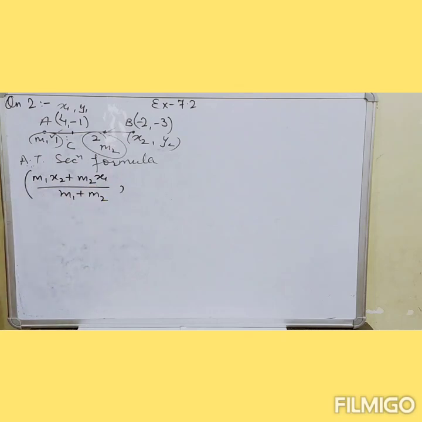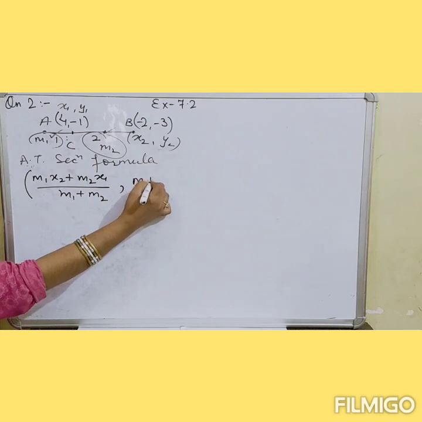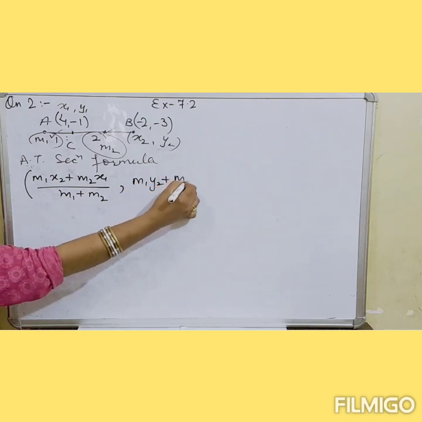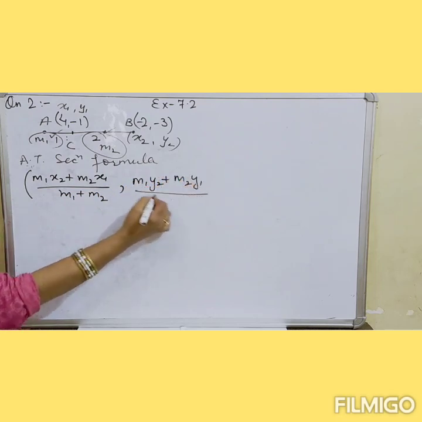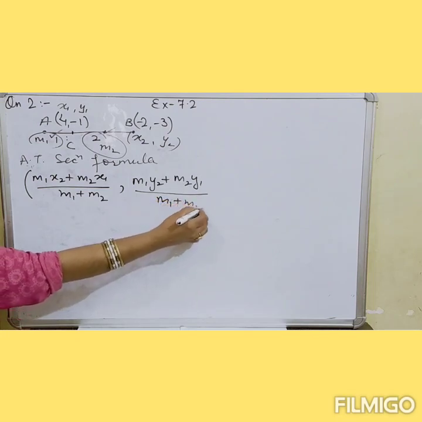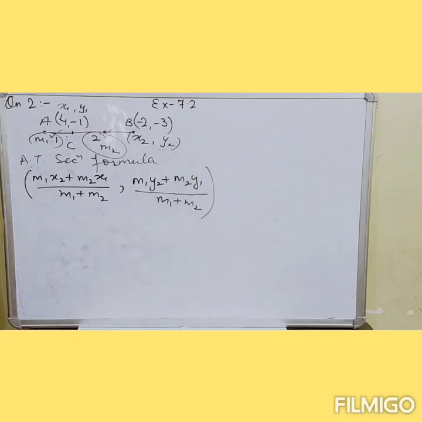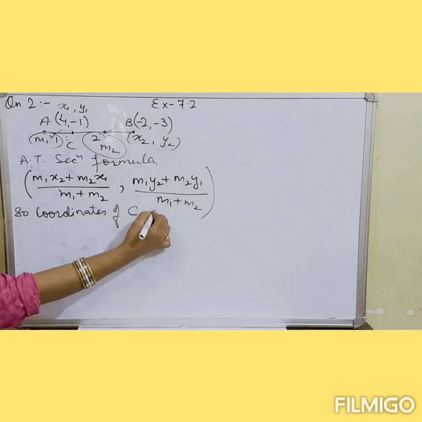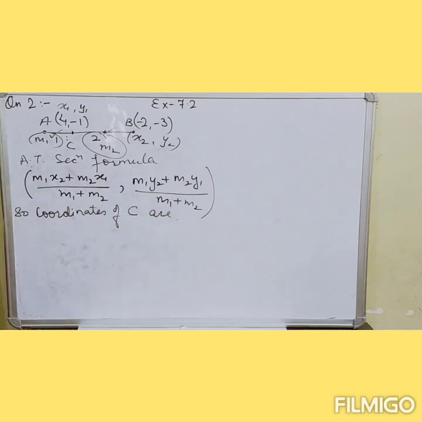In the same way, we can get the values for y, that is m1 y2 plus m2 y1 upon m1 plus m2. Okay, so coordinates of point C are now easy to find.